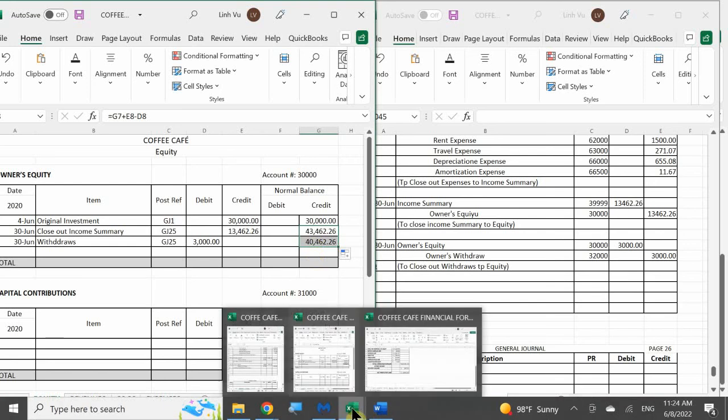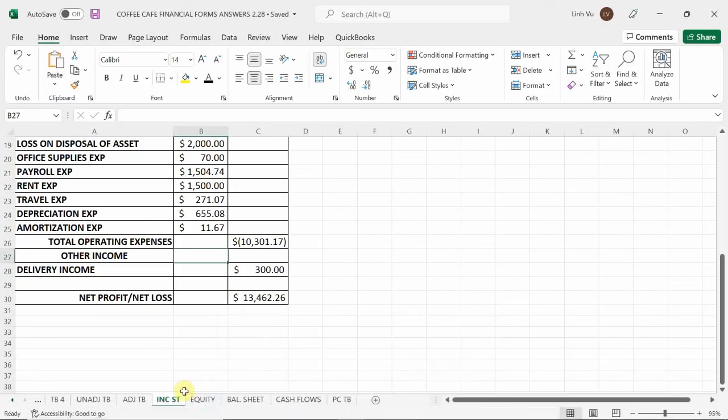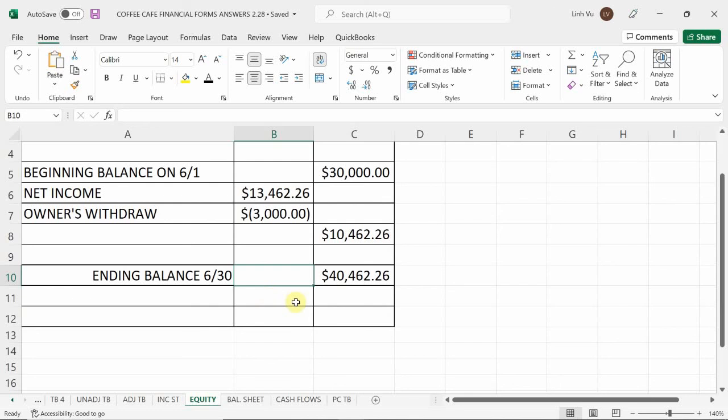This number matches your statement of owner's equity. We solved for it, and right now we are currently at $40,462.26. So once we've done the financial statements, we have to reflect it in our account balances by plugging it back into our ledgers. This ensures and guarantees that everything we've done so far is matching up.